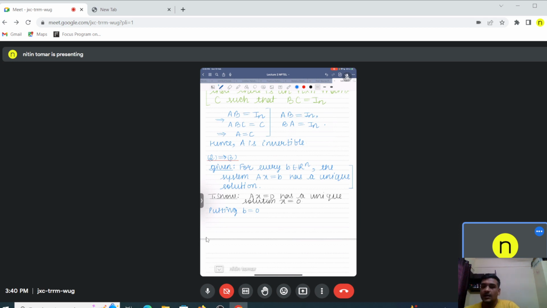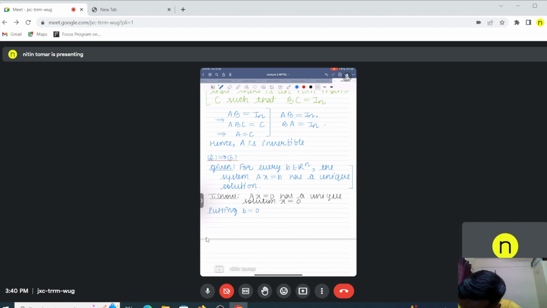See, if I am saying to you, okay, Thangeshwaran, you can eat anything, it means you can eat mango also, right? Yes, sir. So this is the same as saying this. If ax equal to b has a unique solution for every b, then it will have a unique solution for b equal to 0 also, correct?